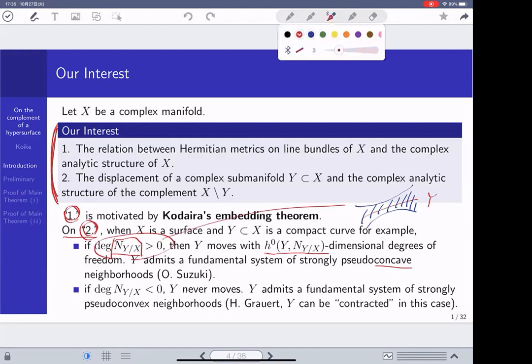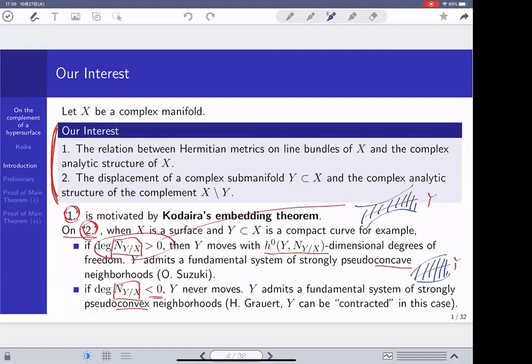Oppositely, when the normal bundle is negative, in this case, Y never moves. And in this case, Y admits a fundamental system of strongly pseudoconvex neighborhoods. So everything is opposite. Here's Y, and the neighborhoods should be convex. So the complements are concave in some sense.